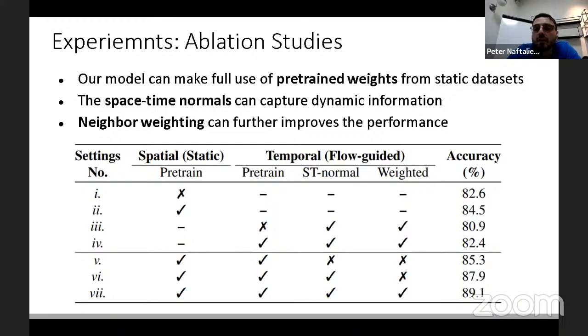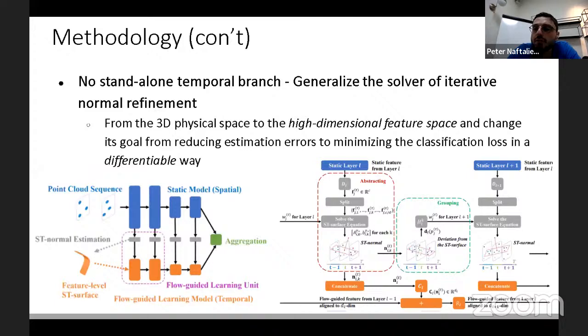The temporal pre-train means we're only pre-training the orange part without the blue part? No, it means we only pre-train the blue part, but use the pre-trained blue part to calculate the orange part.